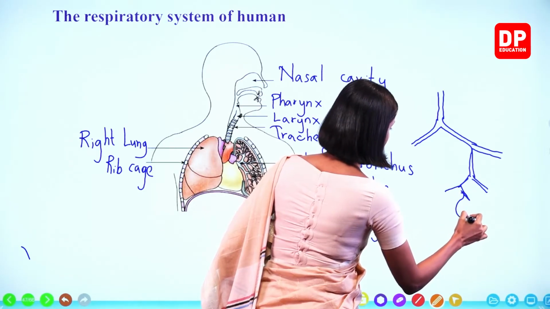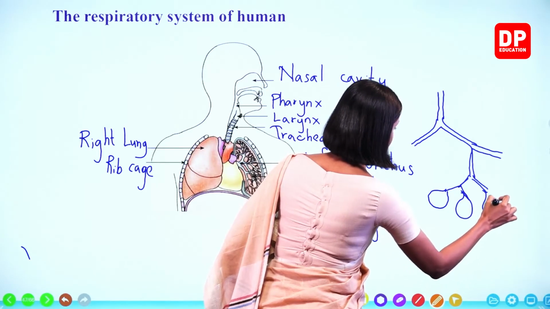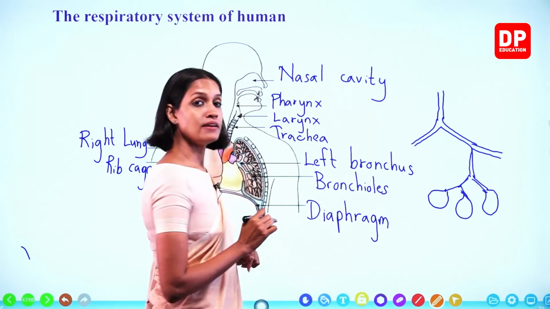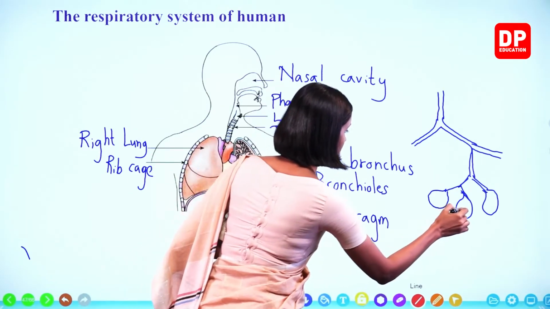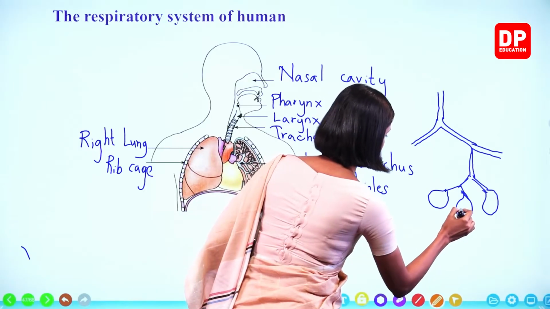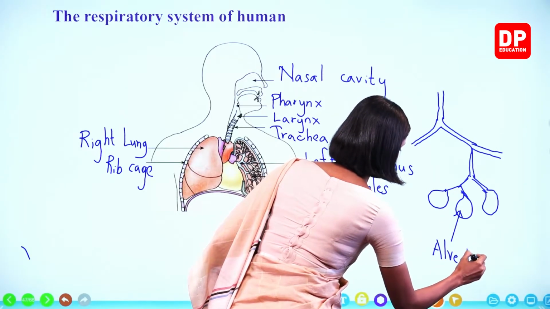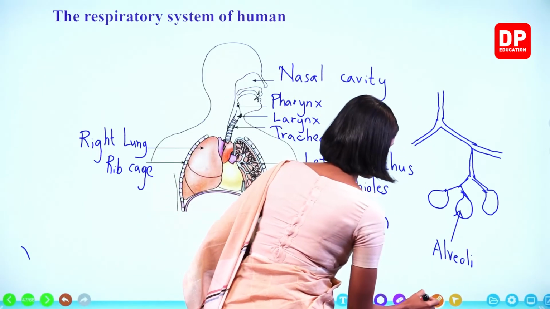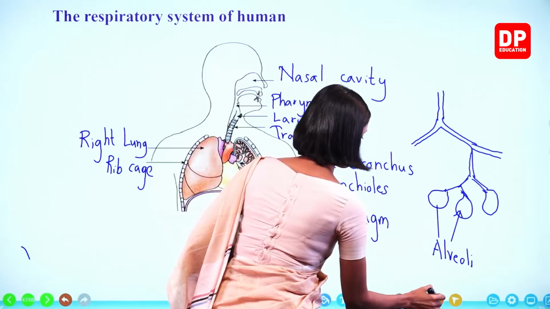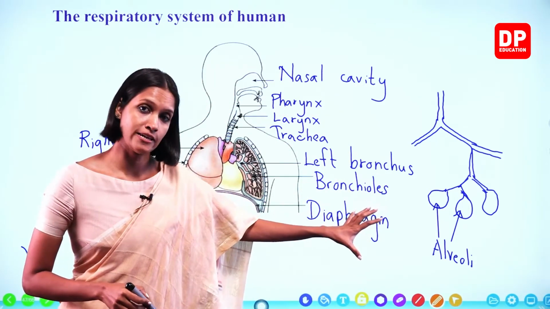At the end of each branch, these air sacs are present. Right, children? These air sacs are known as alveoli.